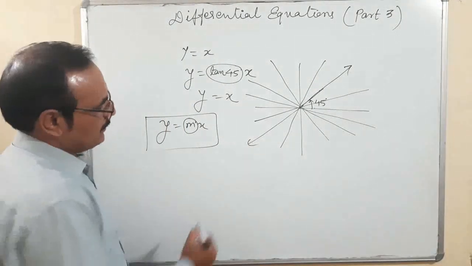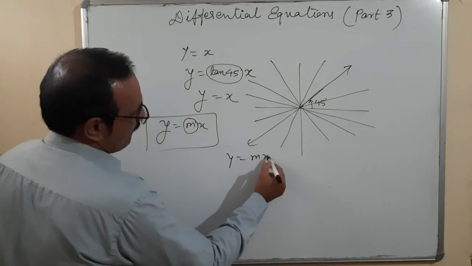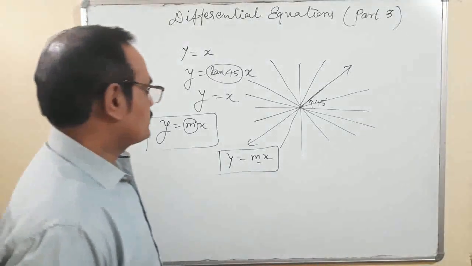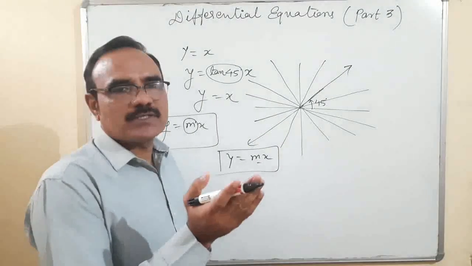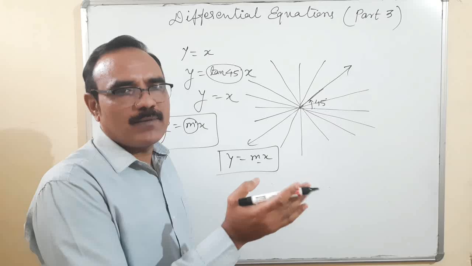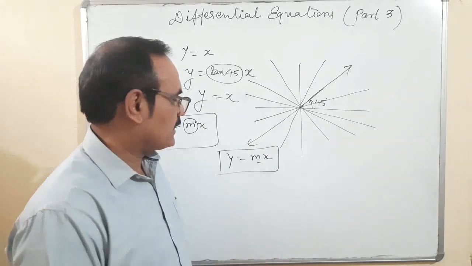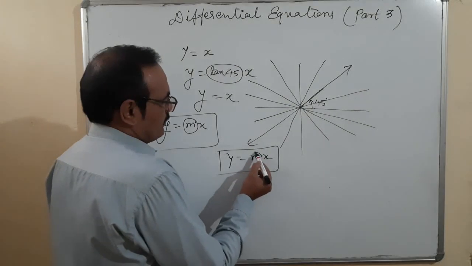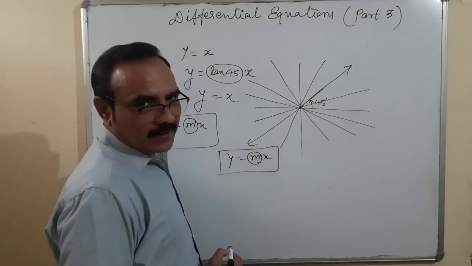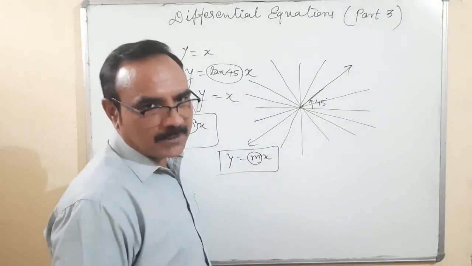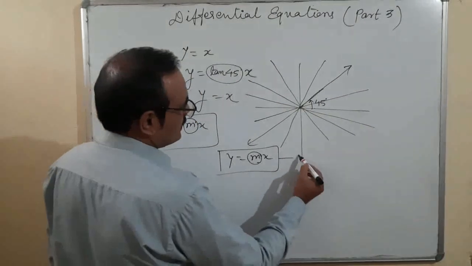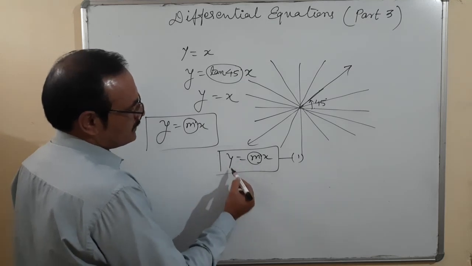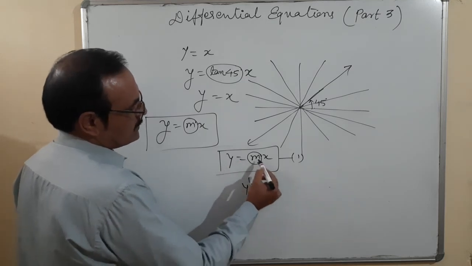y is equal to mx is given. Here one term, which is m, is a constant. Sometimes it is 45, sometimes 30, 60, 90, whatever it is. So if this m is replaced by a derivative term, suppose I differentiate this with respect to x, then what is coming here? dy by dx, that means y dash is equal to m.